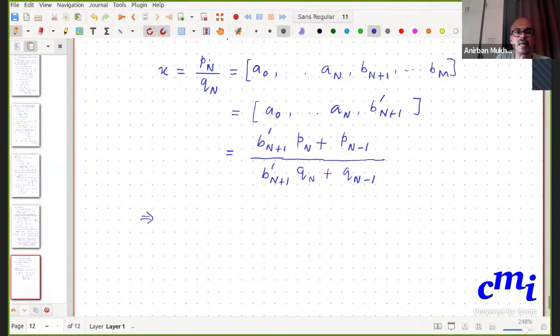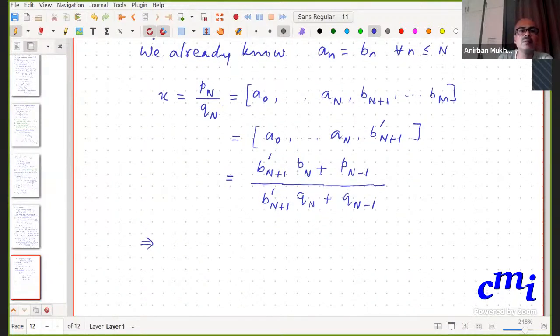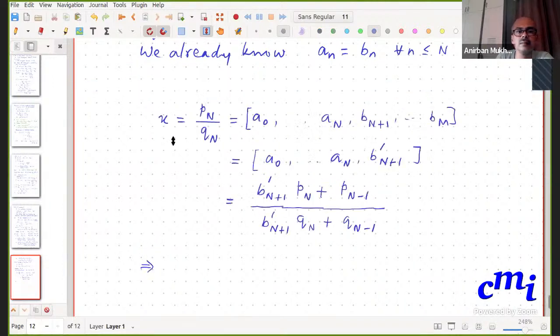So this is the same as Pn by Qn. Yeah. So why is this equal to Pn by Qn? Let me actually write it like this, and it will be very clear.